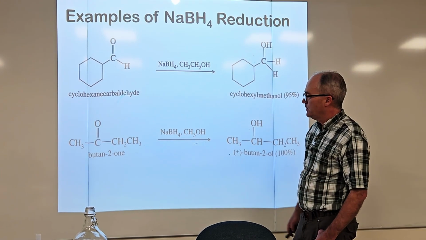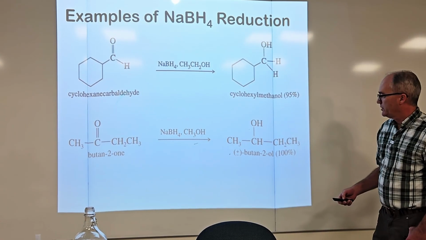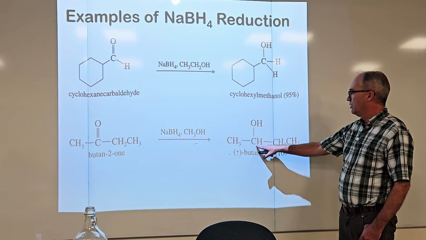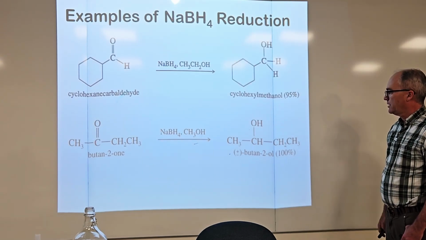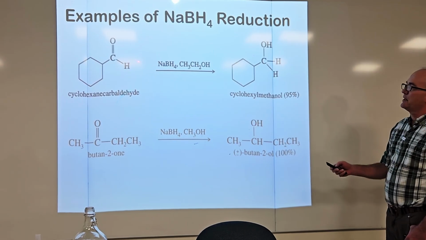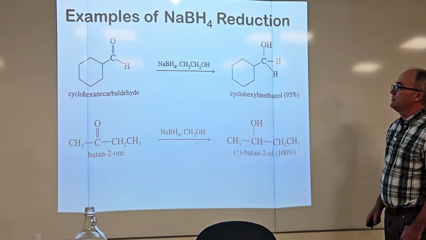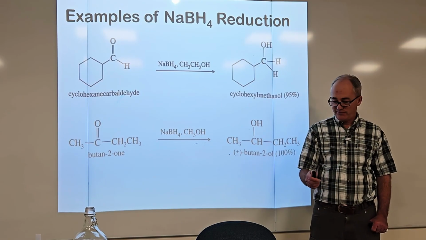So here's a ketone, butan-2-one, sodium borohydride, and now we have butan-2-ol. Turn carbonyl carbon into an alcohol. Ketones go to secondary alcohols, aldehydes to primary alcohols. Any questions on this stuff?